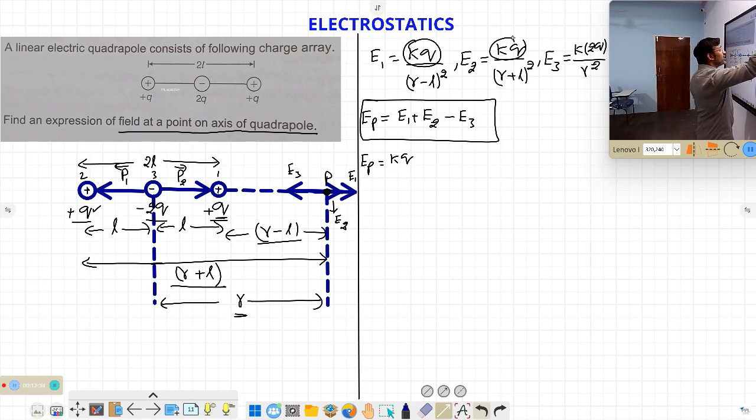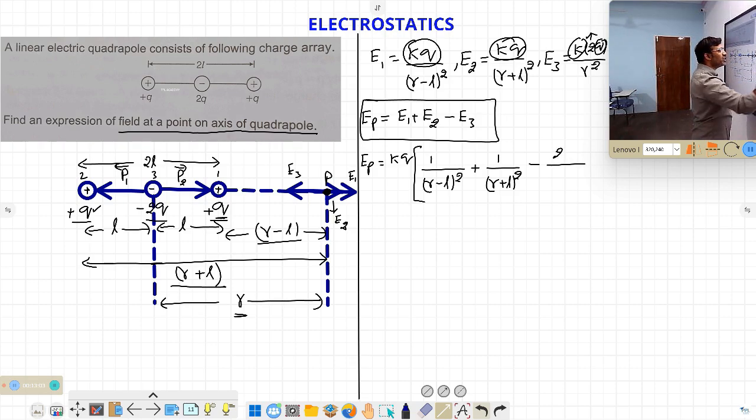Take it common, and I can write 1 by R minus L whole square plus 1 by R plus L whole square, minus E3. The E3 value has a 2, so 2 by just R square.